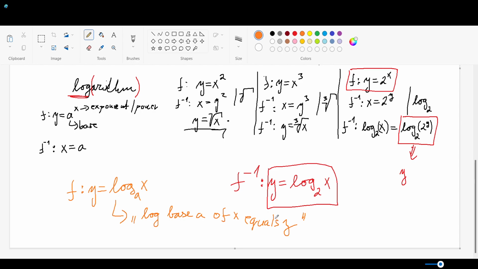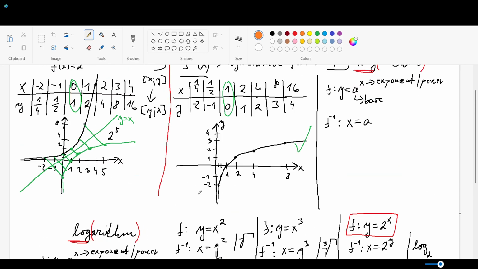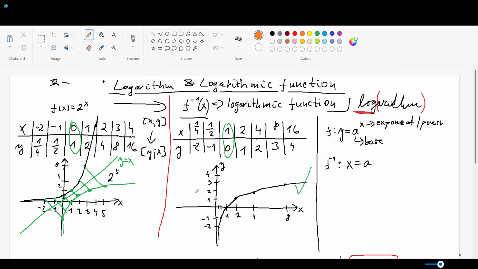Now, as I said, I want to explain a little bit more what's going on over there, and how you can, for example, read the information from the table, where, when we applied the definition, we came to this ordered pair, which can be calculated like this, so that log base 2 of 8 is equal to 3.